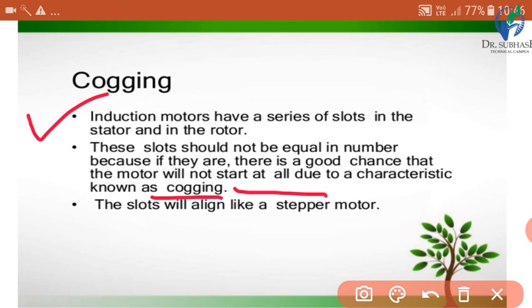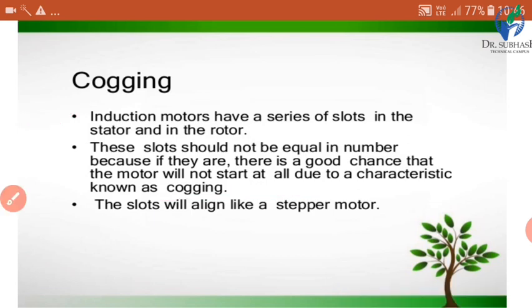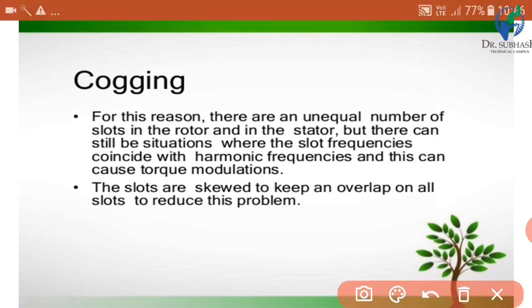The slots will align like a stepper motor. For this reason, there are an unequal number of slots in the rotor and in the stator. So this is the remedy actually. How can we stop this cogging?